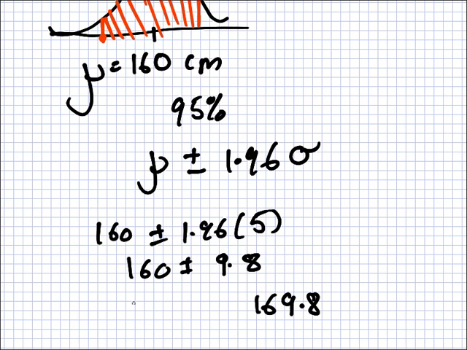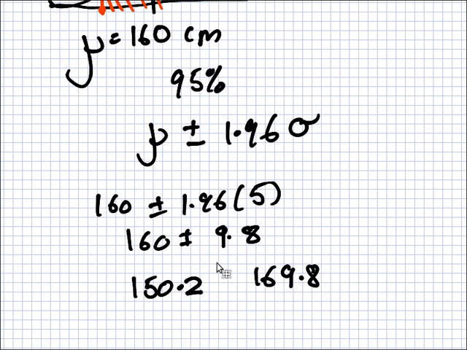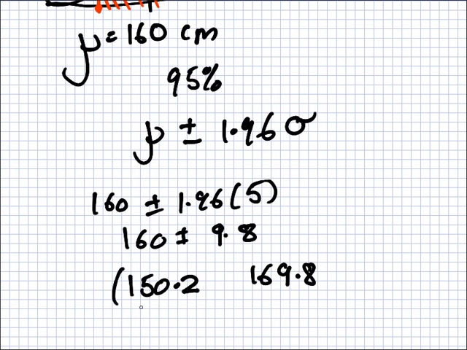And then at the lower end, it'd be 150.2. So what you're saying is 95% of people will be between these two heights. That's what you're saying. So this is a useful common calculation.